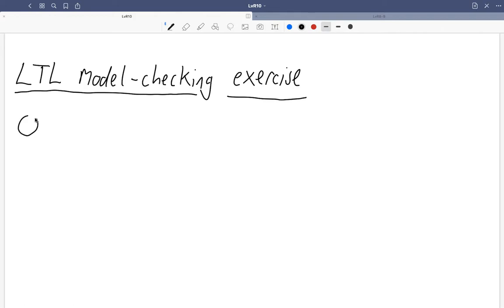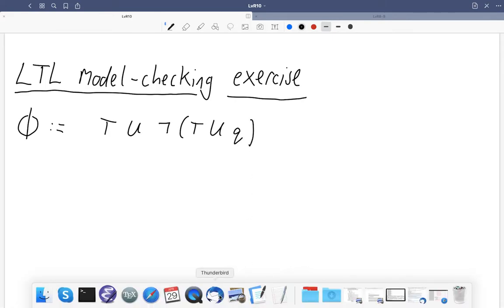And to understand this formula more easily, using the F and G operators so that we can understand what the formula says. So phi, let's write phi down. So phi is the formula true until not true until Q. Let me just double check that I've got that right.